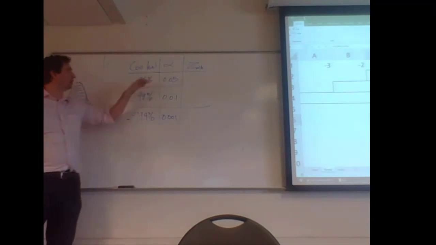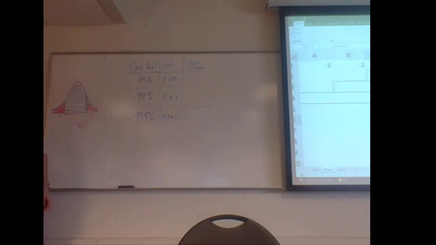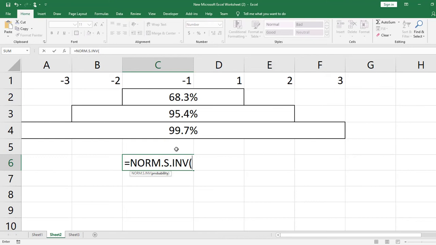For 95% confidence. We know that alpha together is 5% or 0.05. But we only want, the way that this math works, it only looks at one side. So what do we do? Exactly.